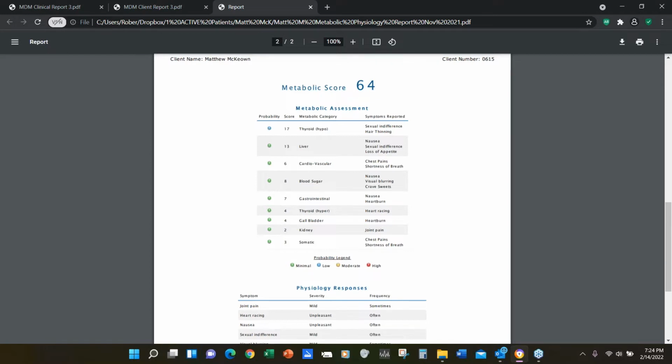These are indicators to be followed up with their medical doctor, their naturopath, somebody else. This is an important part of what we're doing, but it's not my area of expertise, and I just feel better letting them know what the limitations of my practice are.